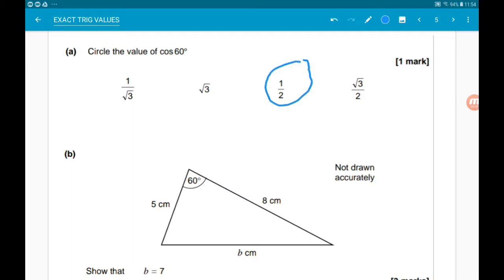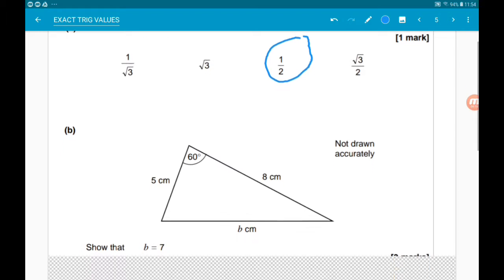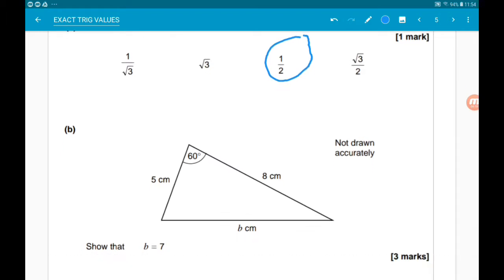Okay, and then for part B, we have a non-right-angled triangle where we have an angle of 60 and two sides of 5 and 8 centimeters, one unknown side which annoyingly they've called B, and we want to show that B is equal to 7.